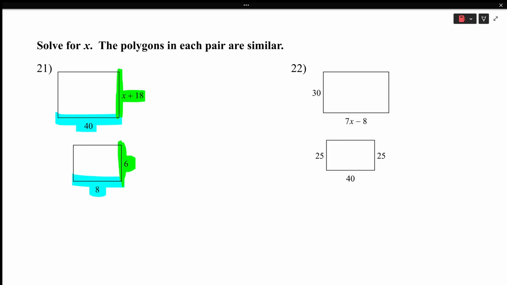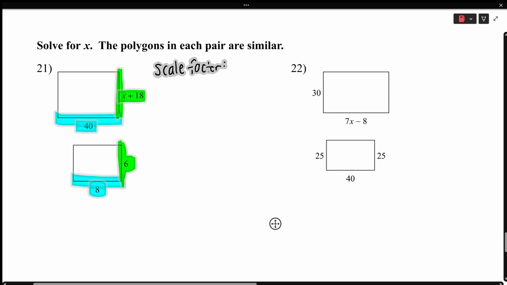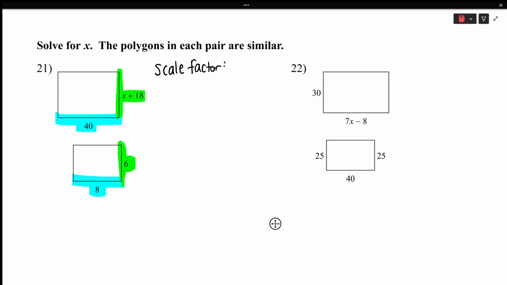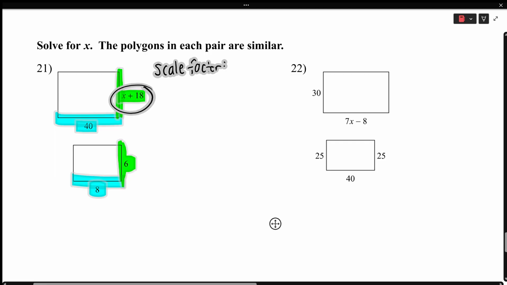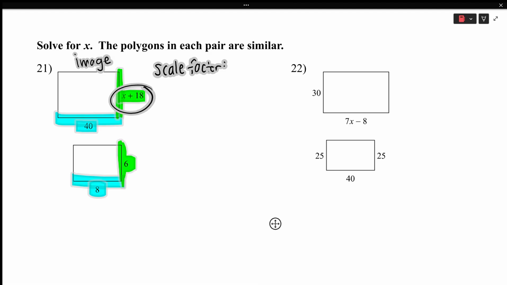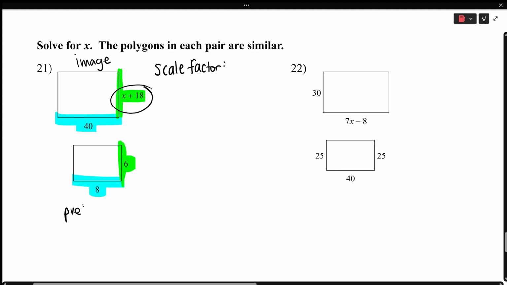I guess it doesn't matter which one you pick to be the image and pre-image here, right? We're trying to solve for x, so let's say this one is the image because we want to figure out what x is, and this one is the pre-image.